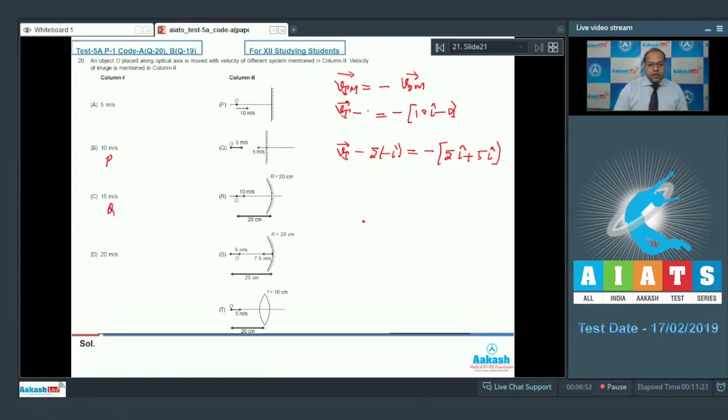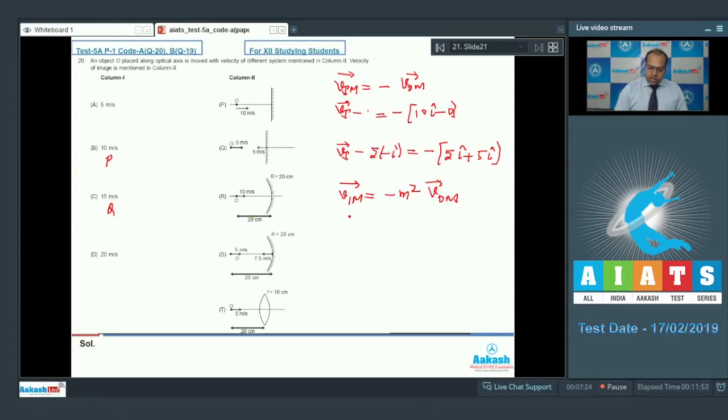Now in entry R, it is a concave mirror. In case of concave mirror, the velocity of image with respect to mirror is equal to minus m square times velocity of object with respect to mirror. M is V by U. So the radius of curvature of the concave mirror is 20 centimeter and the separation is also 20 centimeter. So it means that the object is kept at the center of curvature of the concave mirror, so its magnification is 1.